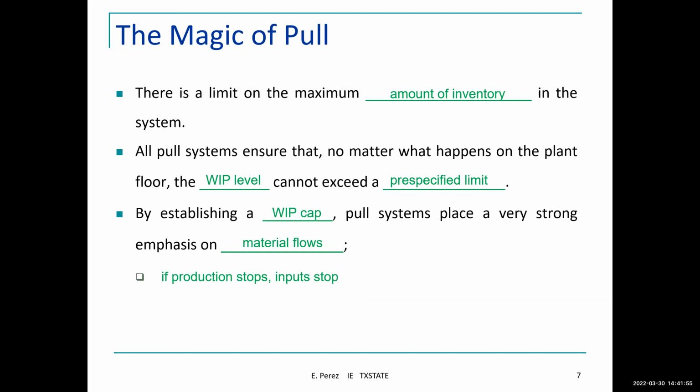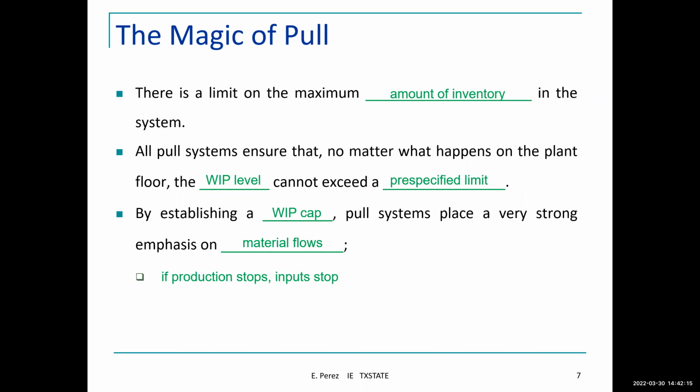So if production stops, then the input will stop. You are not going to keep pushing parts, right? If a machine fails in the pull system, then you know that you're not going to be able to send the part to the next station. So the production will stop.